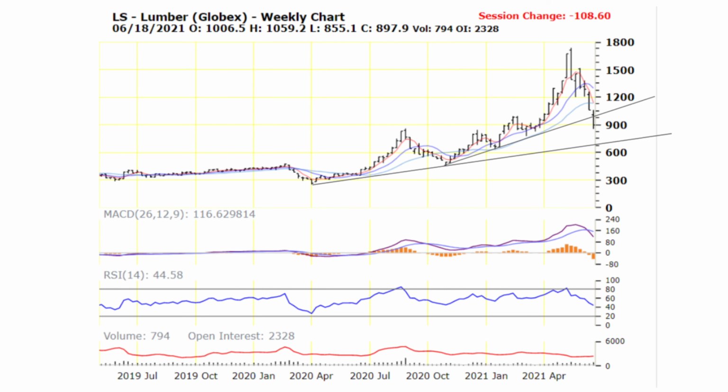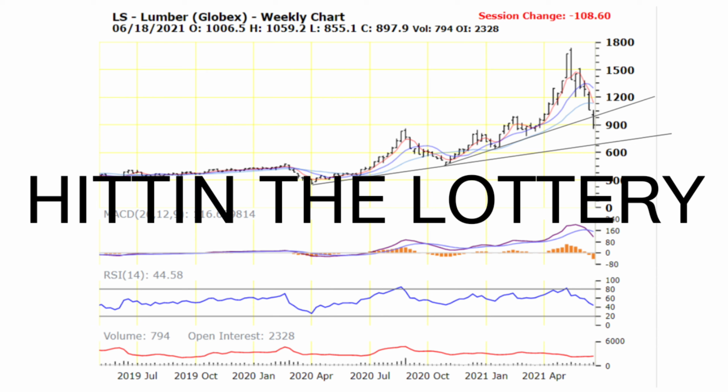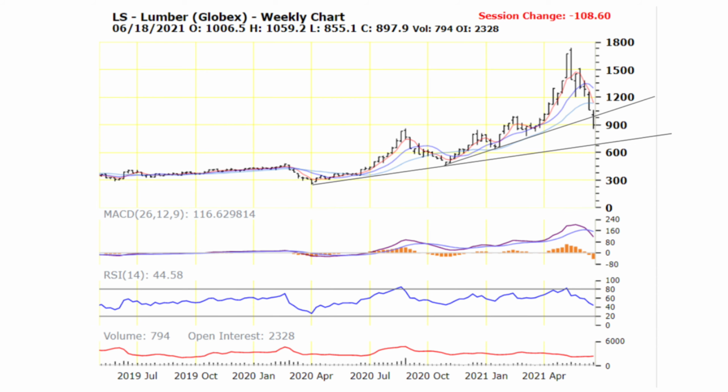But furthermore, the first chart I'm going to put up here is a weekly chart for the price of lumber. As we all saw in the news, 2021 until very recently was a hit-the-lottery kind of good year for lumber prices. But look what's happened here in the last 6 weeks. I have one trend line going back to the bottom in March 2020, and then another one starting from about late 2020.